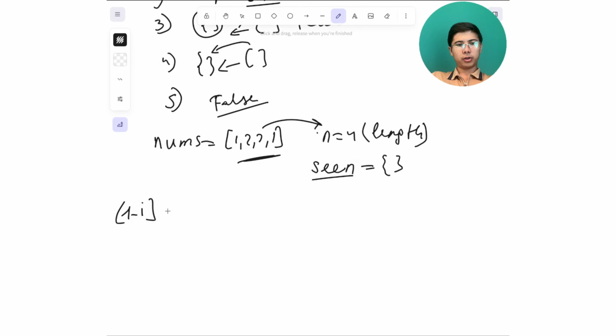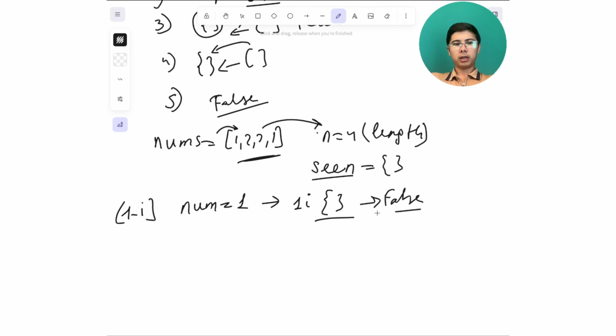This is the first iteration. Num is taken from index zero, the first element, which is 1. Our set is blank, so the check returns false because there is no duplicate, and then we add 1 to the set.